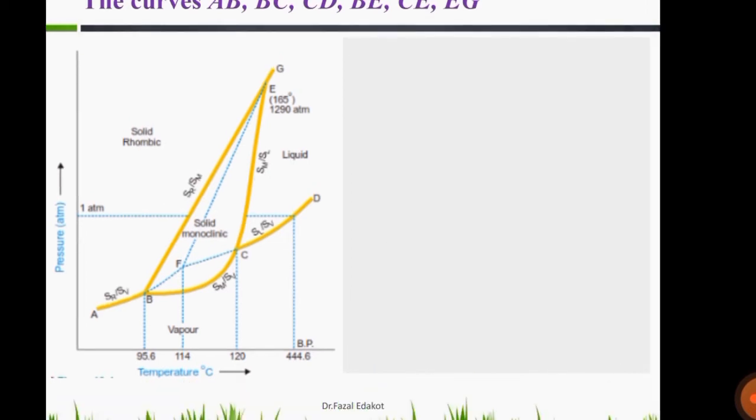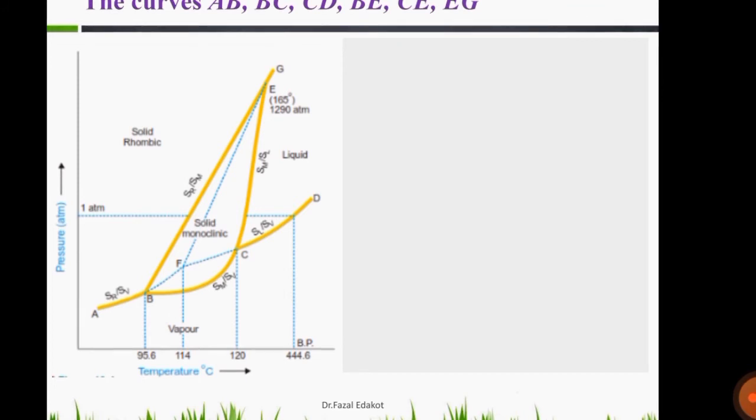This curve represents the dynamic equilibrium between so and so phases. So rhombic sulfur and sulfur vapor has 1 degree of freedom, meaning the curve will have 1 degree of freedom. You already learned, according to the phase rule, it is monovariant.